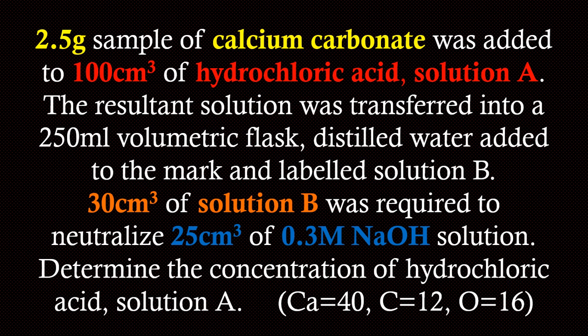After the reaction has taken place, whatever remains as unreacted hydrochloric acid will be diluted by adding more water to form a solution whose total volume is 250 ml, and then a portion of this solution, which is 30, will neutralize 25 cubic centimeters of 0.3 molar sodium hydroxide. Now let's go to the questions and see how we can calculate the concentration of hydrochloric acid solution A.